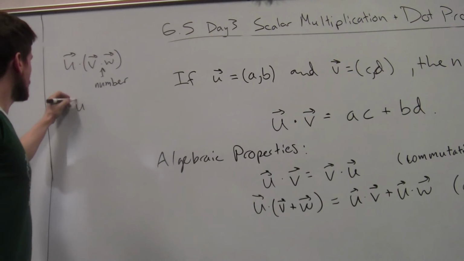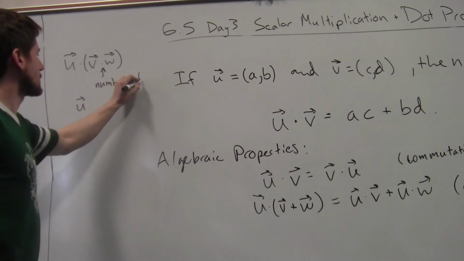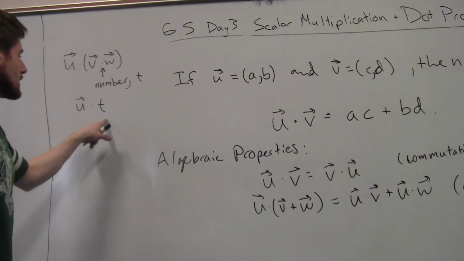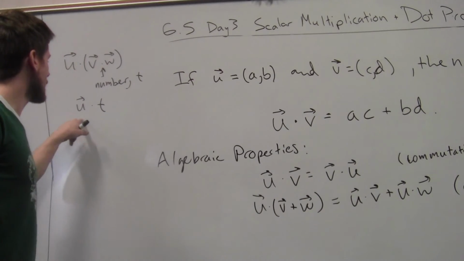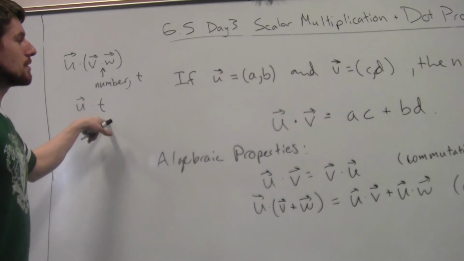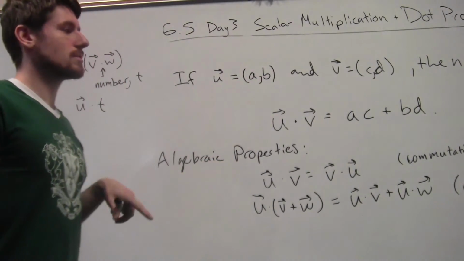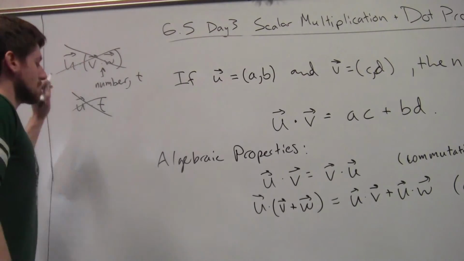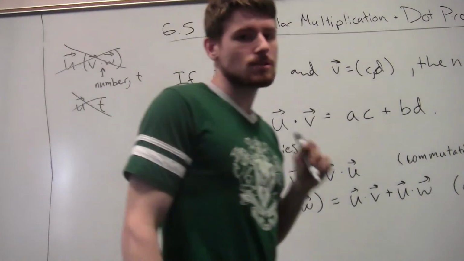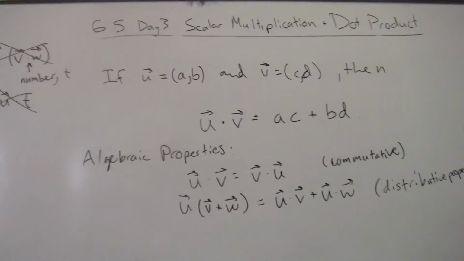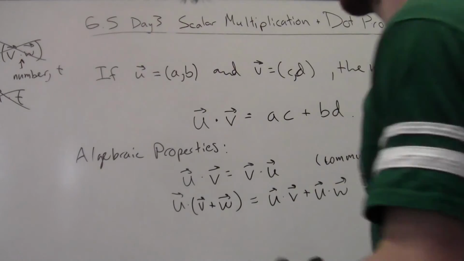So this is saying u dot, I mean, we can call this number t, u dot t. But we don't have a way to do a dot product with a vector and a scalar. You need two vectors in order to do a dot product. So this doesn't make sense. The only way you can do a dot product is if you have two vectors.